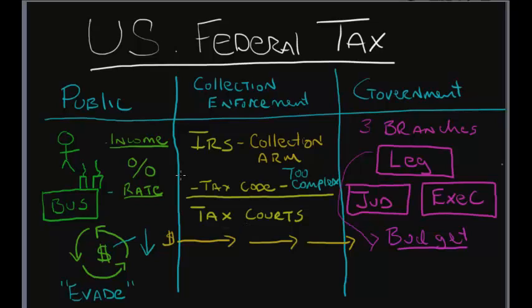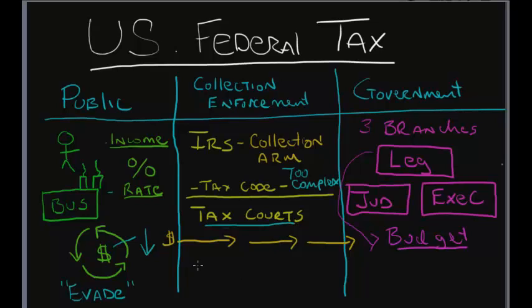Then it becomes too difficult to take the accurate amount of money from here over to here. Complexity makes everything difficult, and you end up having to spend money in order to get the money efficiently from here to there. So that's one way that this part can become ineffective.